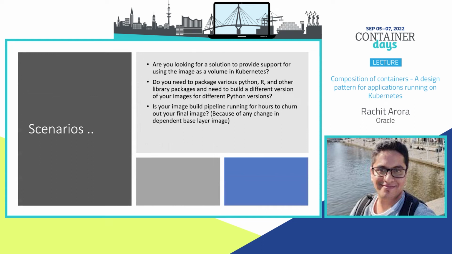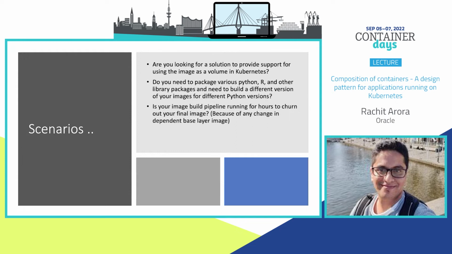A few more scenarios: say you have a requirement where you want to mount a running container as a volume to another container. If you want to access the file system of another container from your main container, how can I achieve that?